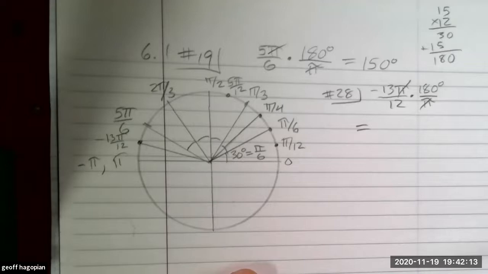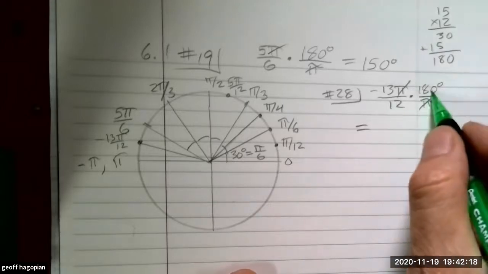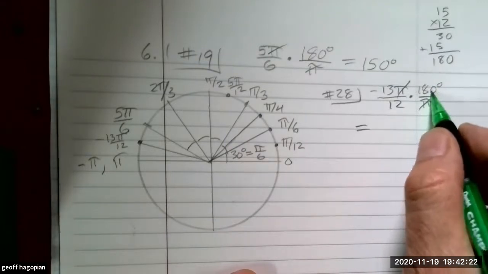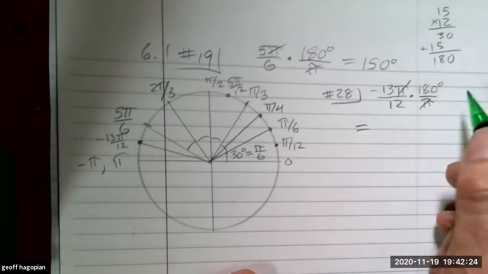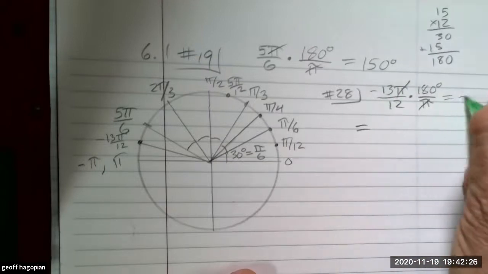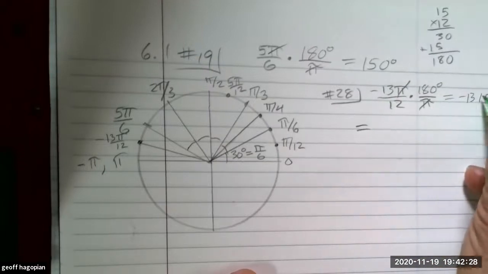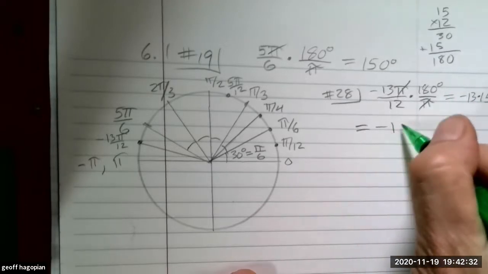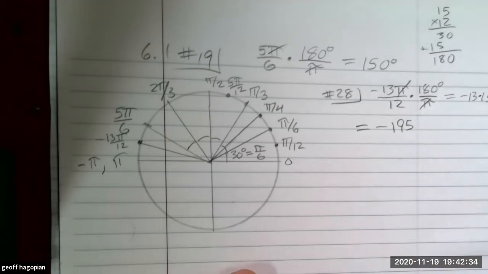So 12 goes into 180 15 times. That's a 15-degree measure. And we got 13 times 15, right? So it's negative 13 times 15. 12 times 15 is 180. So this is negative 195, which I suppose you could verify by other means.